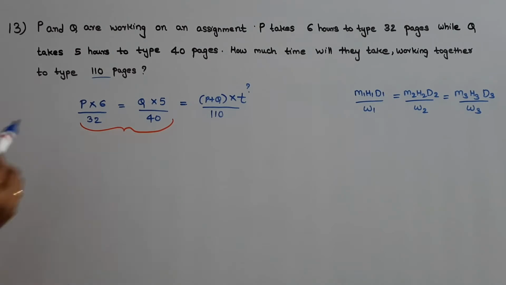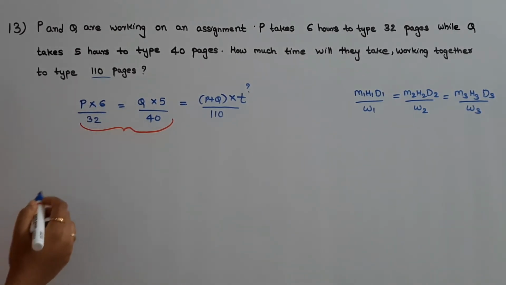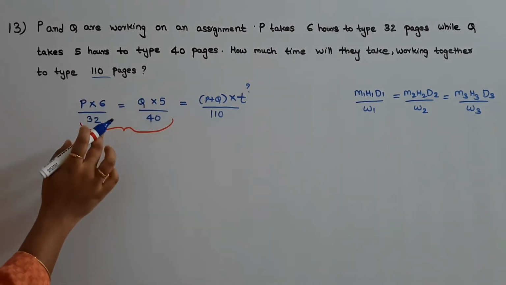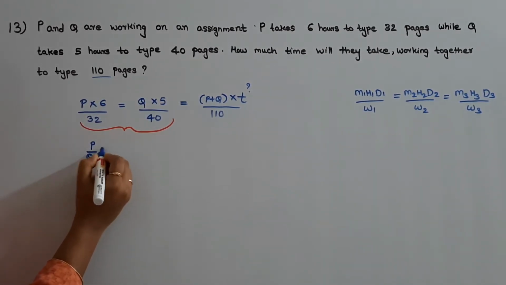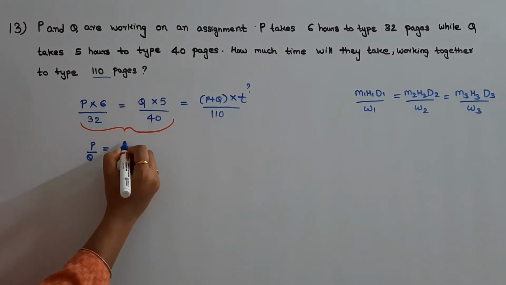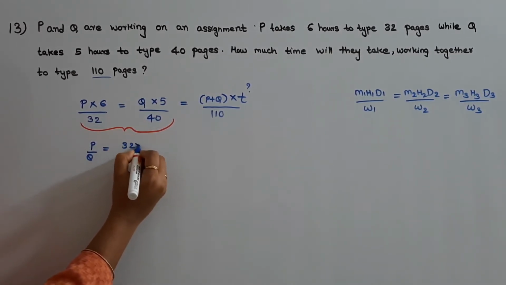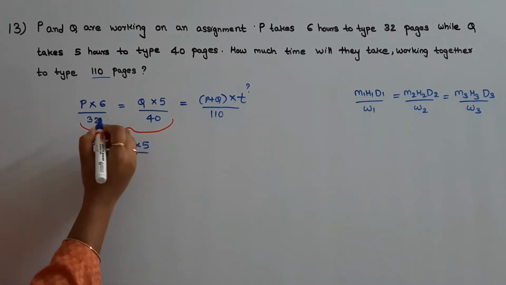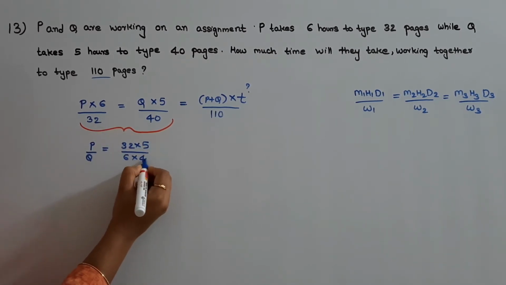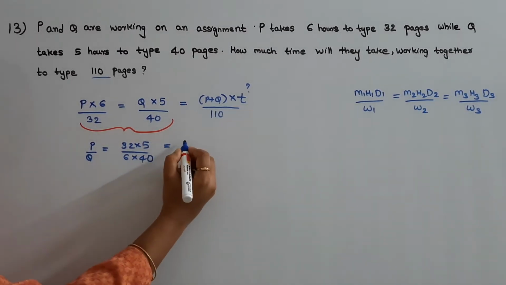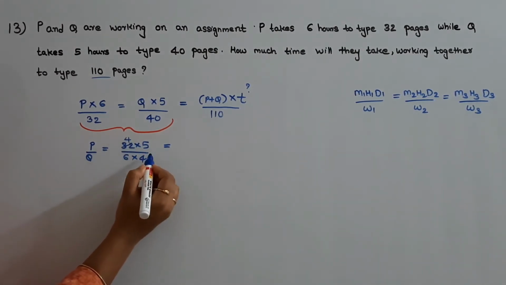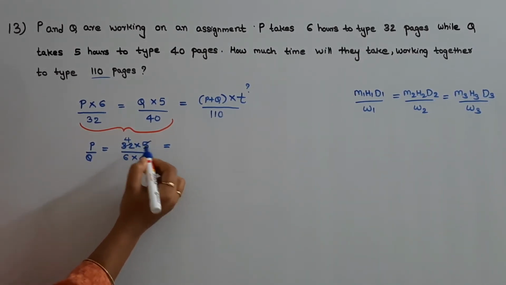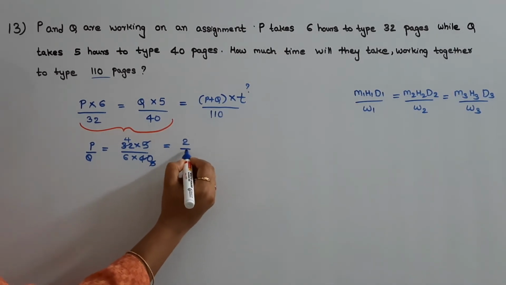So by considering this part, we will get the ratio of efficiency of P and Q. By solving this, we will get the ratio of efficiency of P and Q. So P by Q is equal to, cross multiplying, 32 into 5 divided by 6 into 40. That will be equal to 2 by 3.